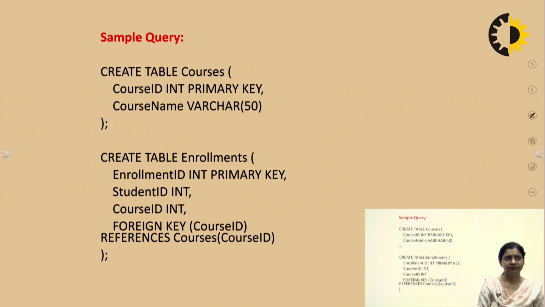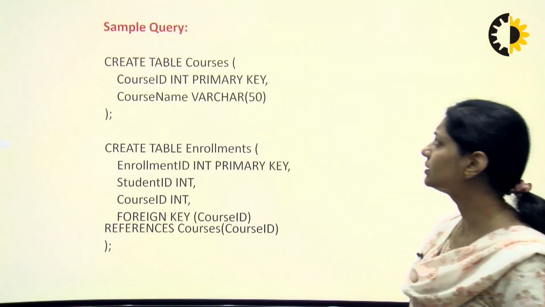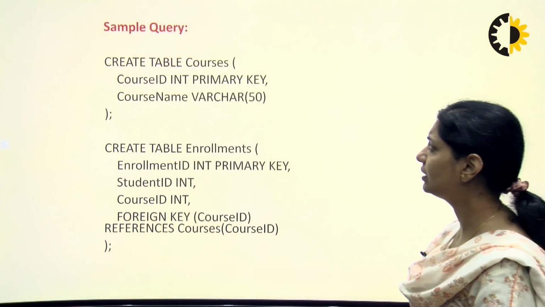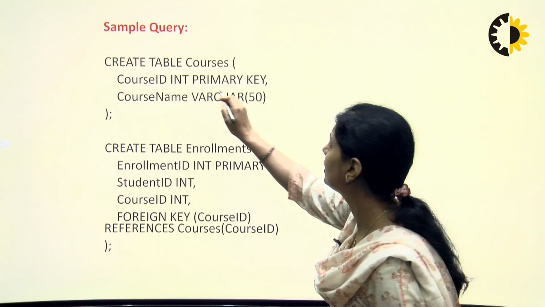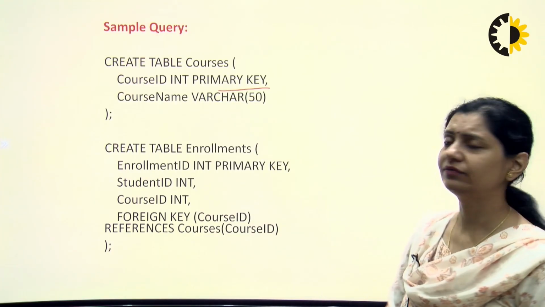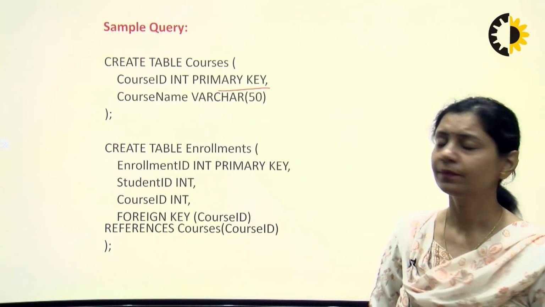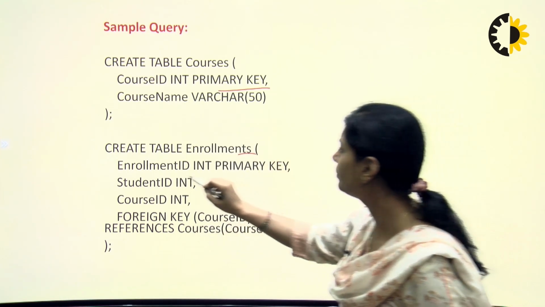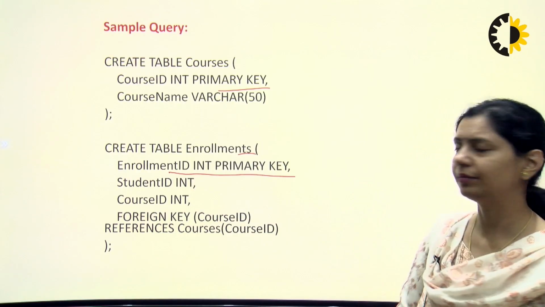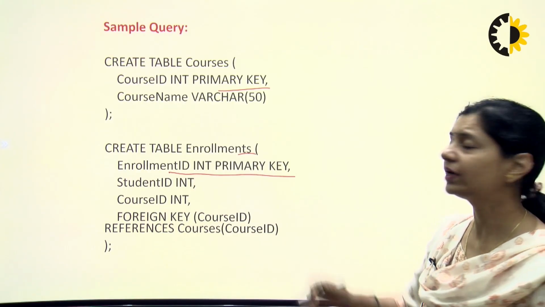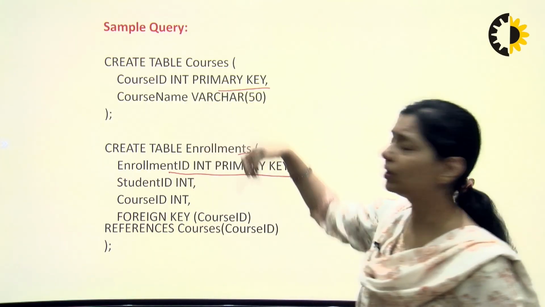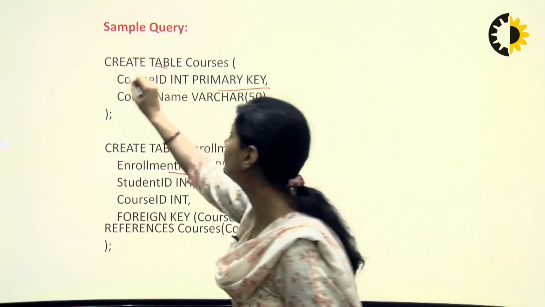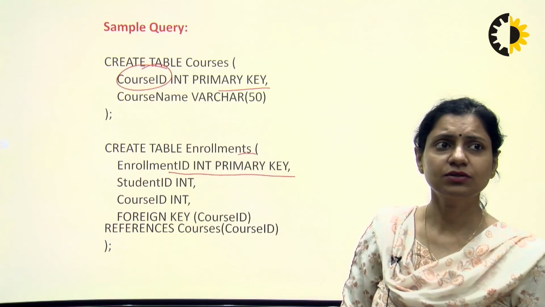So we have this as a sample query where we have a table courses that is created with course ID as a primary key and course name with the data type varchar. We have one more table created, that is enrollments, which has enrollment ID as a primary key. When we want to join these two, we need a common column, that is course ID.